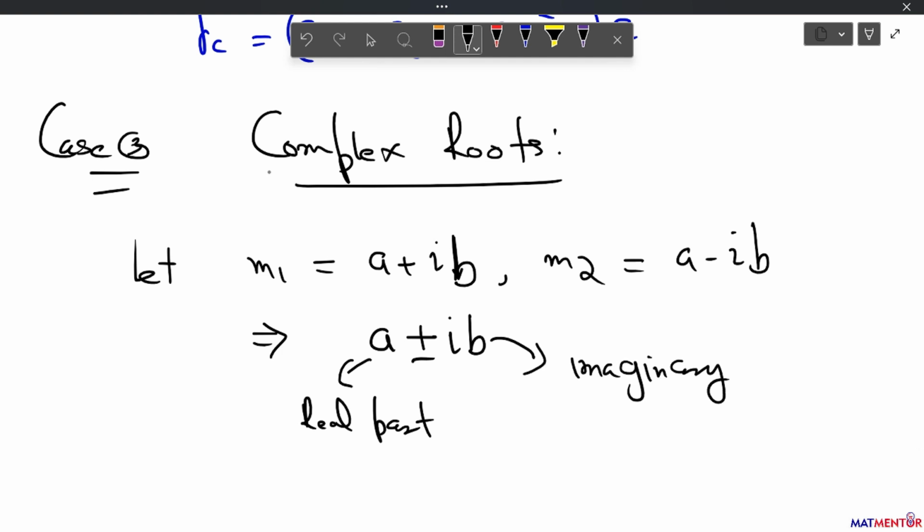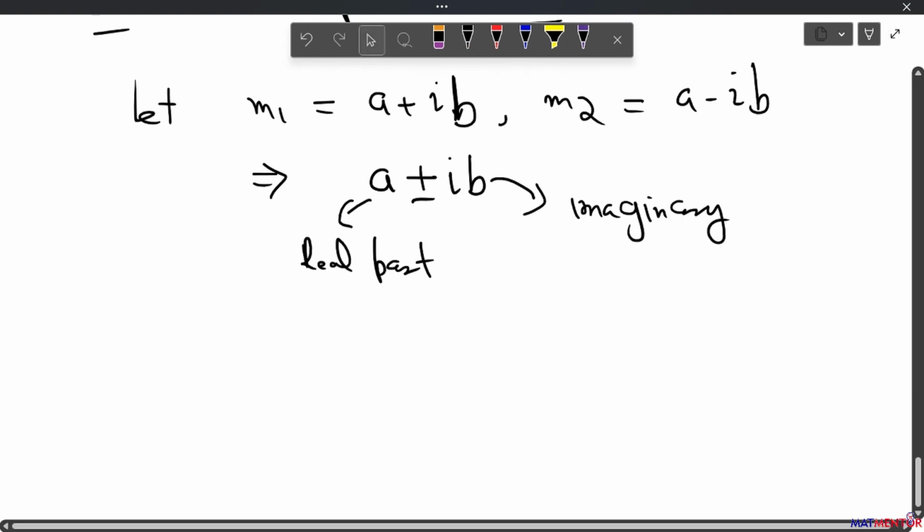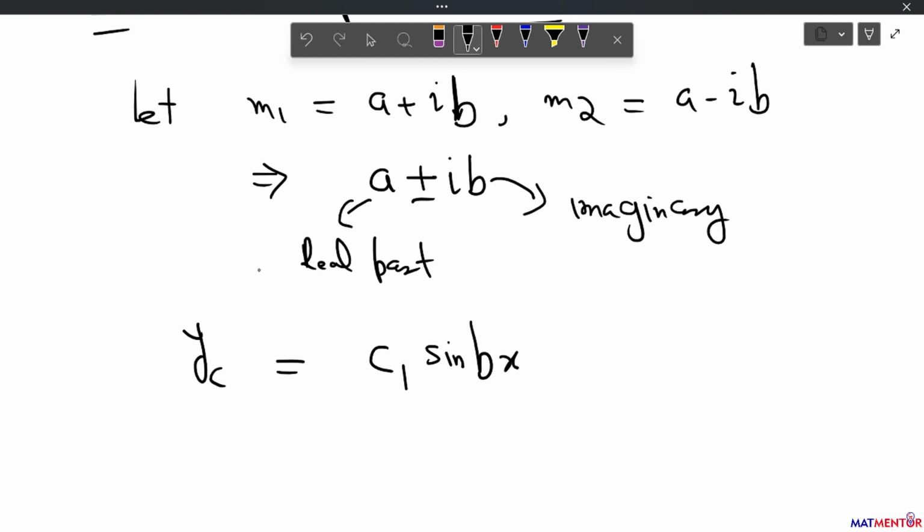So now you need to understand how we write yc for complex roots. So yc is basically c1 sine bx plus c2 cos bx, and then e raised to power ax.